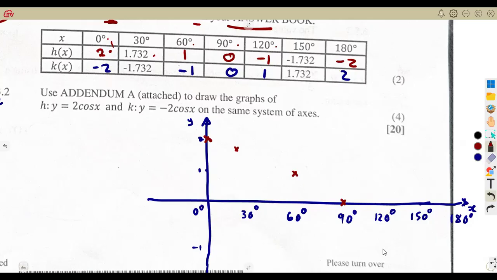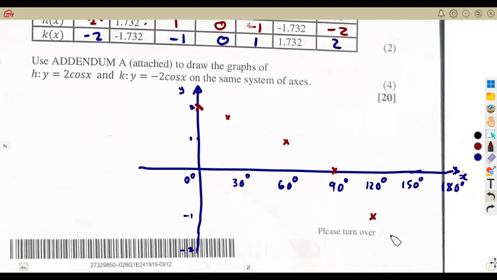So I just hope it's not going to affect my presentation, guys. You know, these boards. Let's just hope. Then 150 and -1,7, somewhere around there. 180 versus -2, somewhere around there.